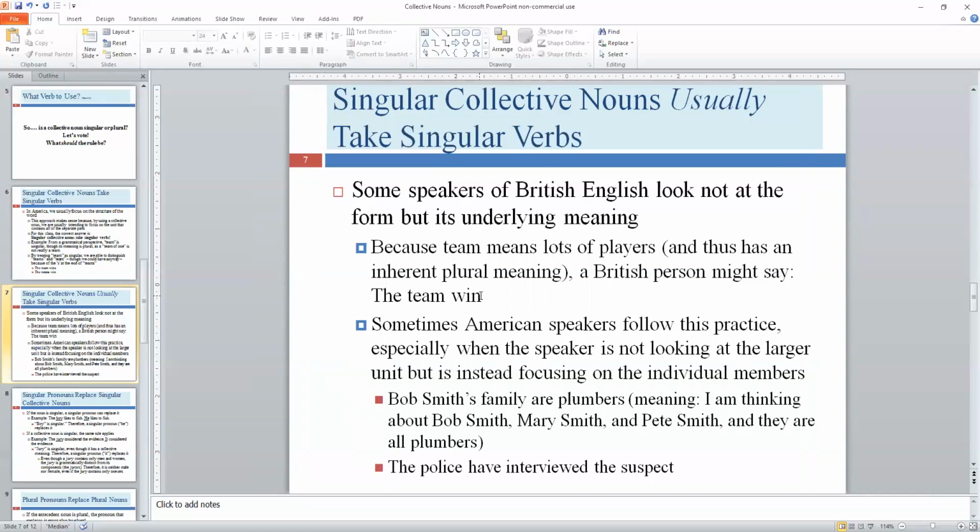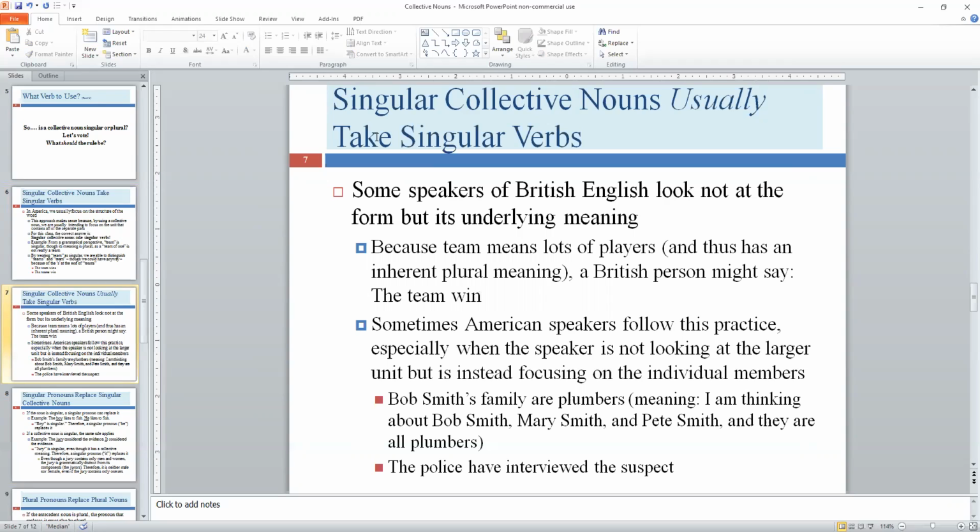You can look at it as one unit without really focusing on the individual participants, or you can focus on the individual participants. Usually when you're focusing on the individual participants, you're not going to use the collective noun, but you can. So if you use the collective noun, but you're really narrowing down and looking at each one of the constituents within this collective noun, you can get away with using the plural verb.